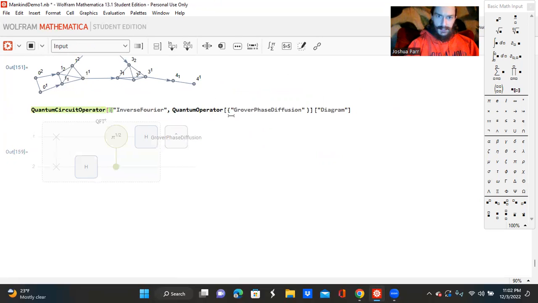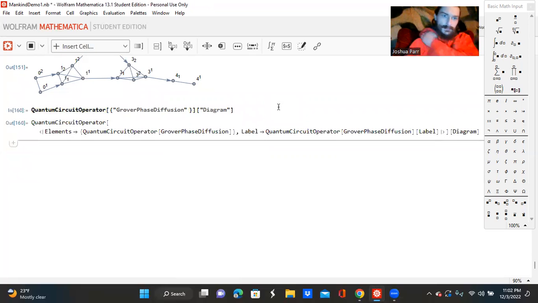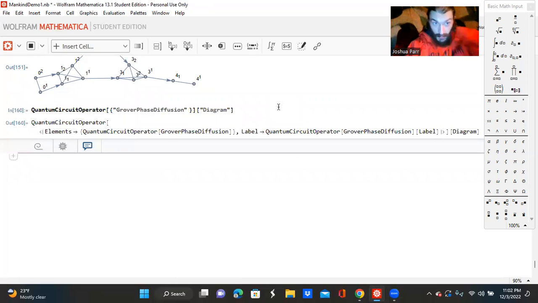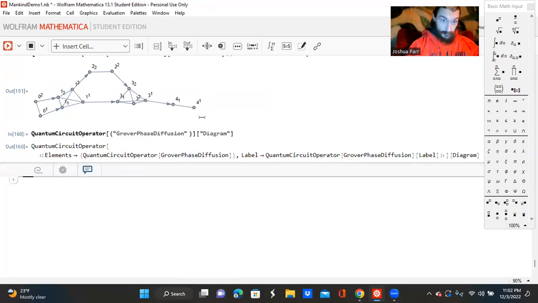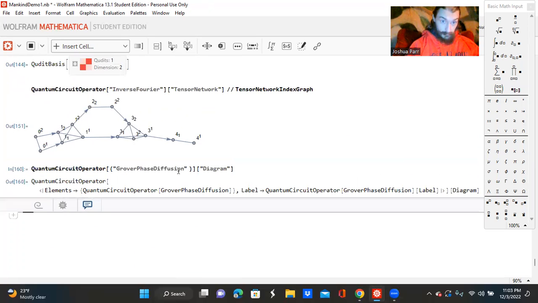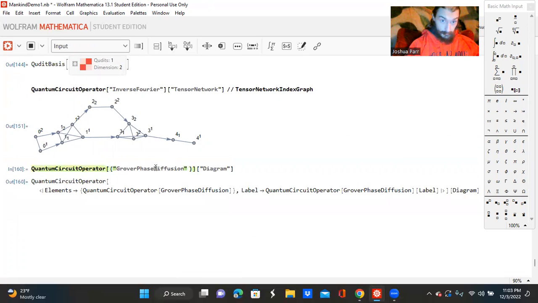Get rid of these and get rid of these back to here so I can show you what Grover looks like, the phase diffusion version of it. It's odd. That's very weird.